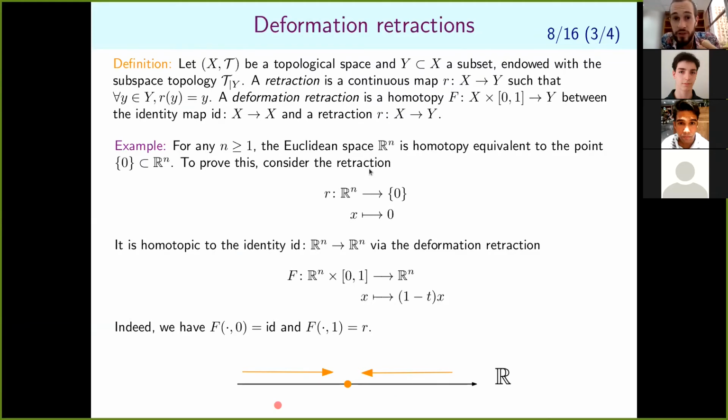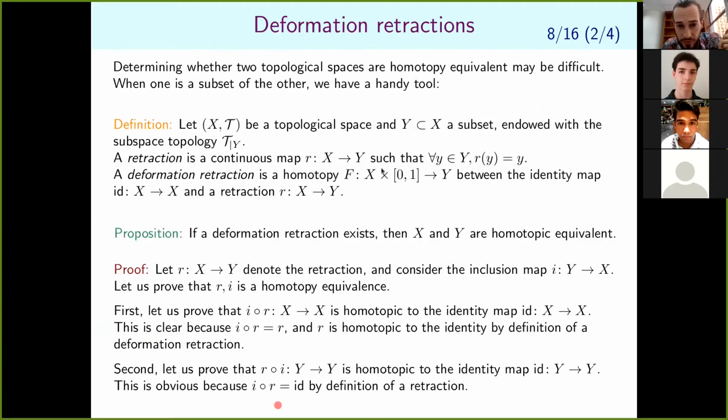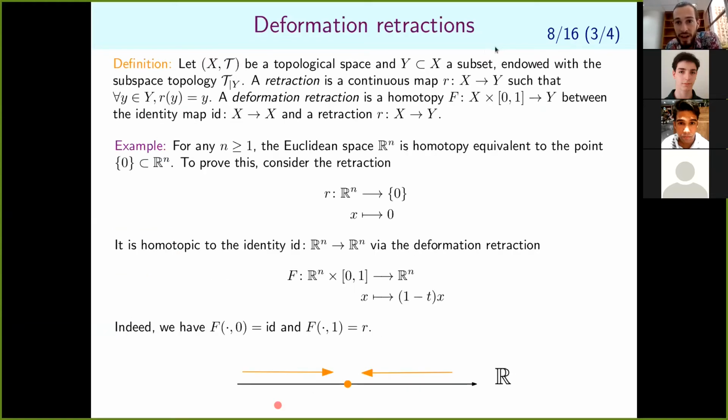So now let's use this tool I just gave to you. We can easily show that spaces are homotopy equivalent just by defining a retraction and showing that this retraction comes from a deformation retraction. Very important example. I show here that R^n, the Euclidean space of dimension n, is homotopy equivalent to the point 0. Let's take a very simple retraction.